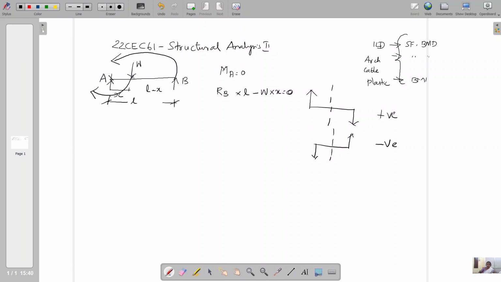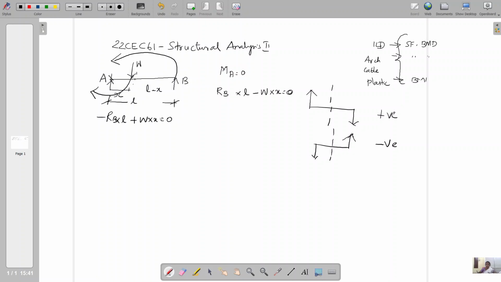If you cut at this point, RB is on the right side, upward. The right side upward is considered to be minus. So I can write this equation as minus RB into L plus W into x equal to 0. Both are the same.